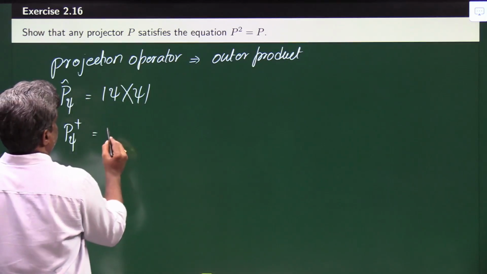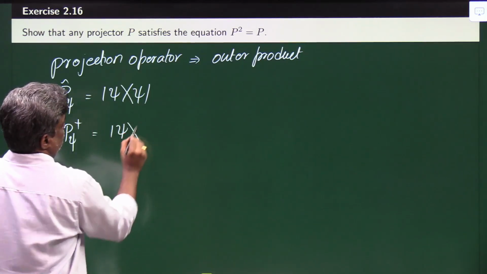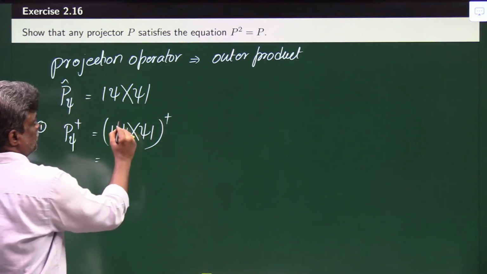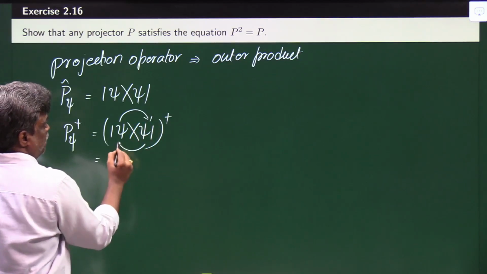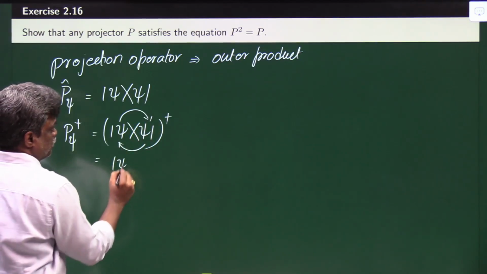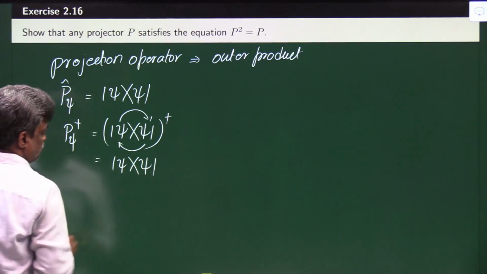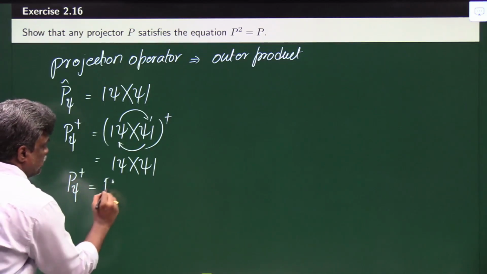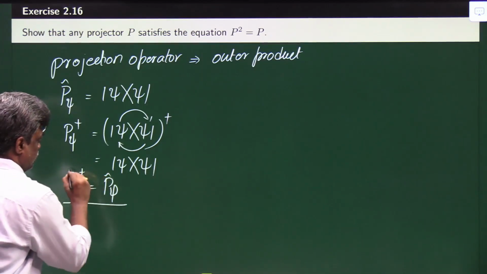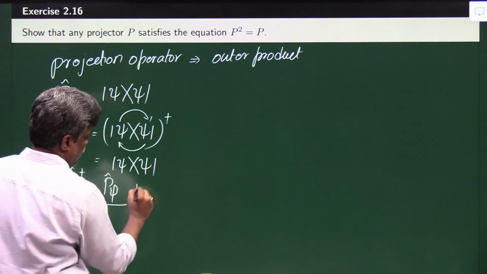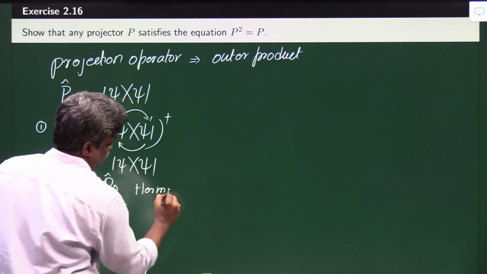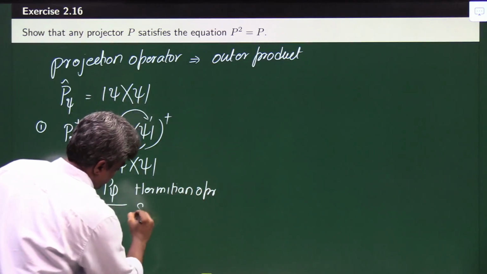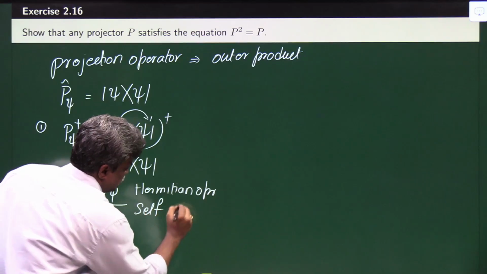I told you earlier, it's just the psi psi outer product, apply whole dagger. So this ket vector will become bra, and bra vector will become ket. Of course, again you got the same thing. So we can say that P psi dagger equal to P psi, which is a Hermitian operator, or we can call it self-adjoint.